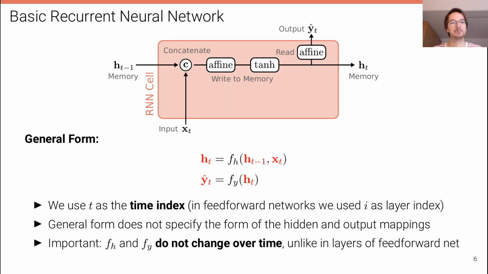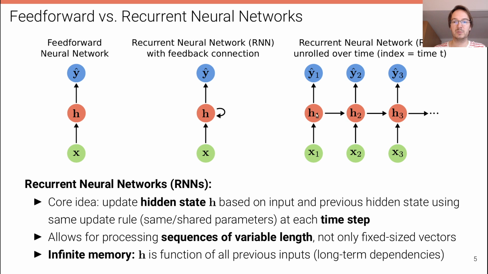Okay, so let's have a closer look at what such a recurrent neural network does, and let's look at a particular RNN cell. We call these modules, these computations here, cells, and this red cell is one cell that we are looking at.